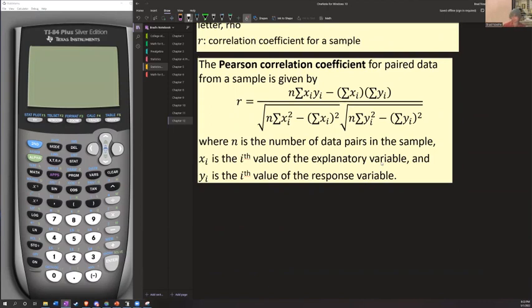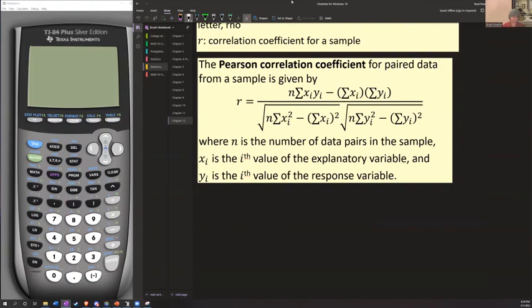So you add up your dependent variables, add up your independent variables, multiply those, divided by the square root of the sample size times the sum of the squares of the explanatory variable minus the square of the sum of the independent variable, times the square root of N times the sum of our dependent variable squared minus the square of the sum of our dependent variable.